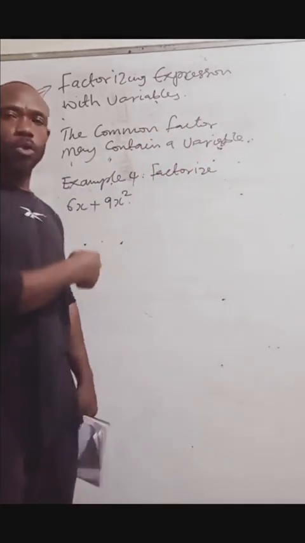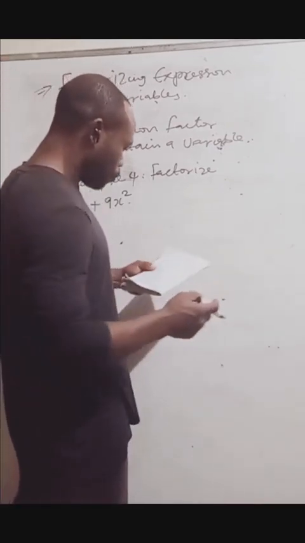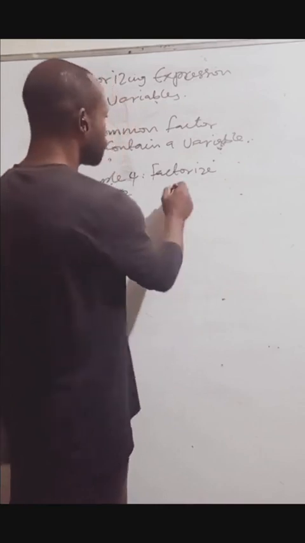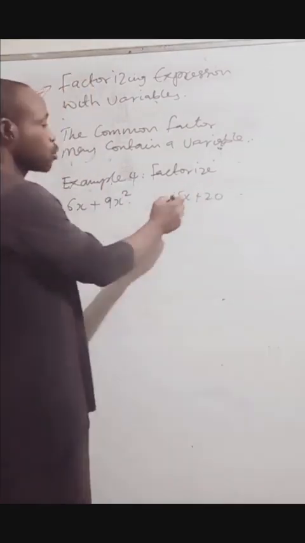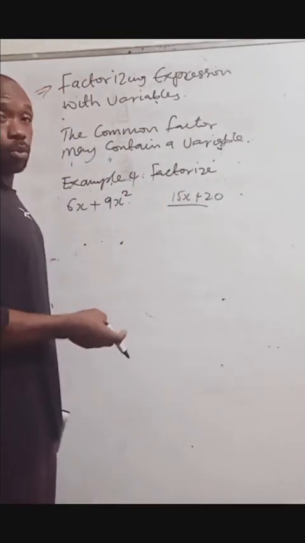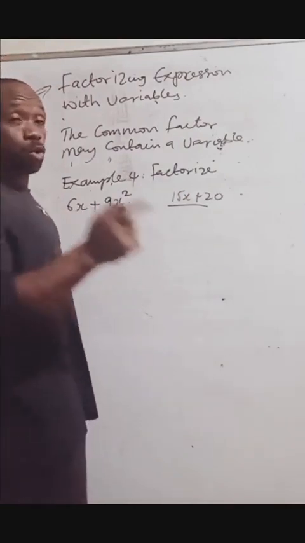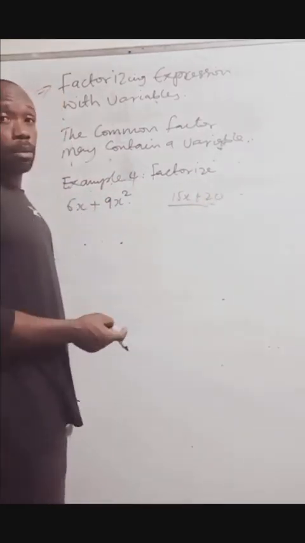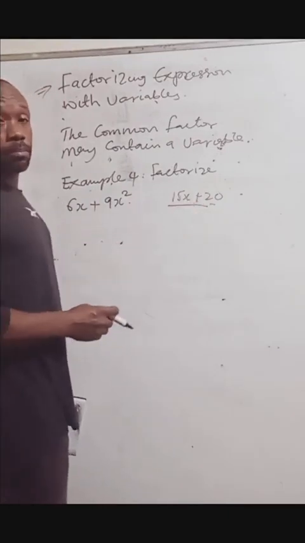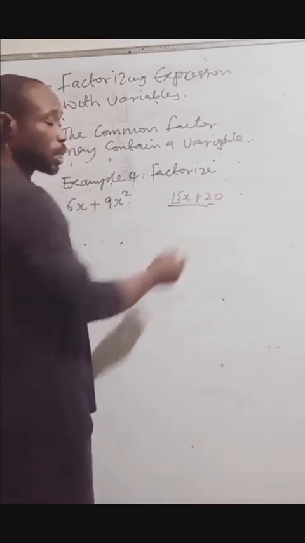Let me take you back to our previous example. 15x plus 20. This is example 2. This was the expression in example 2. Now you can see that though the expression contains two terms, 15x and 20, the terms are not the same. 15x is an algebraic expression and 20 is a constant.